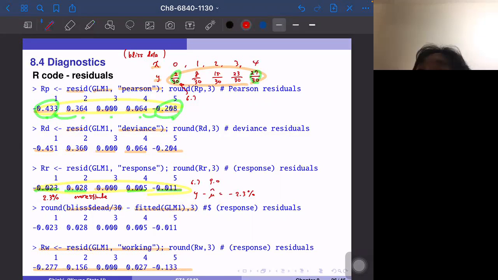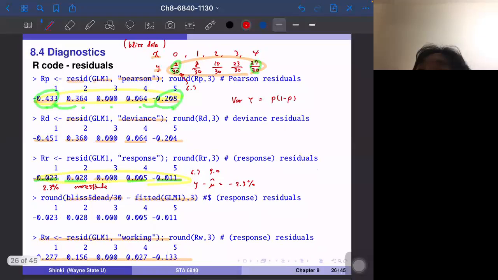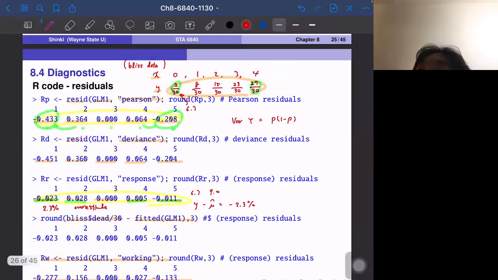That means the variance of y, which is proportional to p times 1 minus p, is small. So we divide the residual by a small standard deviation of y for the Pearson residual, and the first and fifth residuals get relatively larger in absolute value. These are how to create the residuals in R.